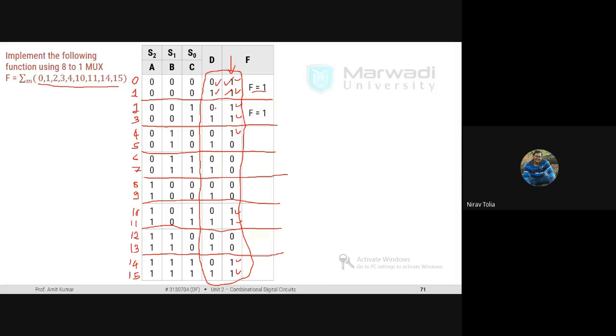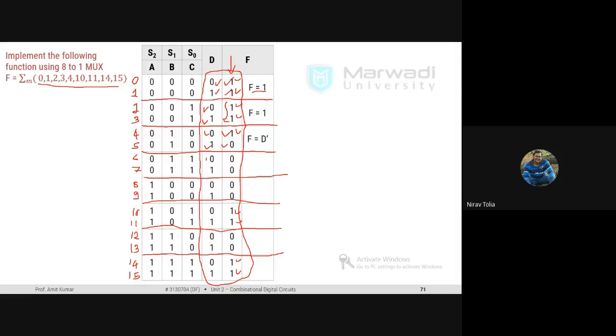Next, again irrespective of D, my function remains 1, so F is equal to 1. Next, here my D is 0 but my function is 1, and here my D is 1 but the function is 0. So my function is the inverse of D, so F is equal to D bar, or D dash.